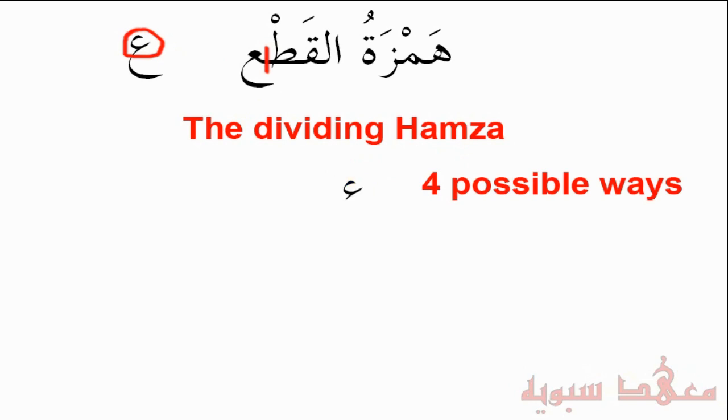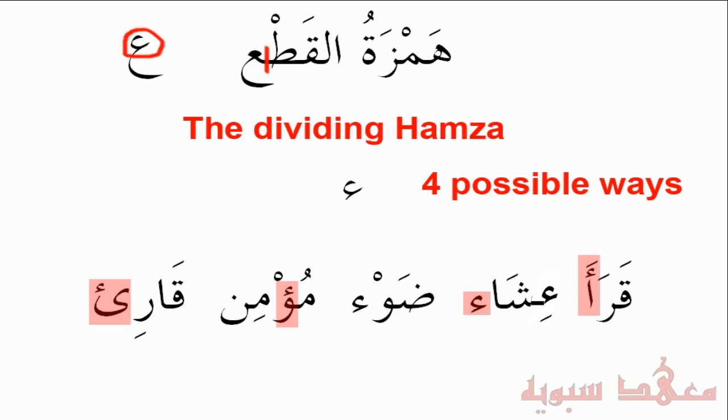Now let's look at some words that have Hamzatul Qat'. And we can see actually that we can have the Hamza all alone over here, as in the word Isha. We can also have it on top of an alif. Now what harakah is on top of the Hamza is irrelevant. It could be either one. It doesn't matter if it's a dhamma, a fatha or a kasra.